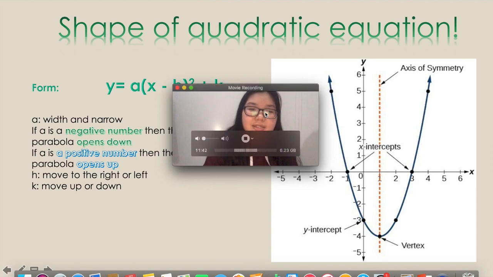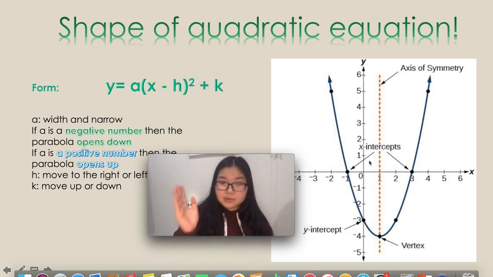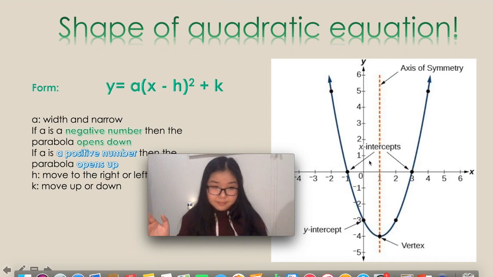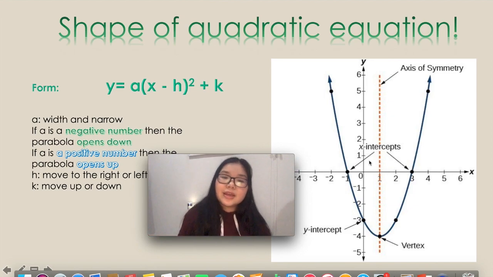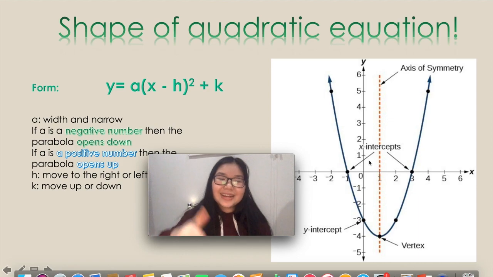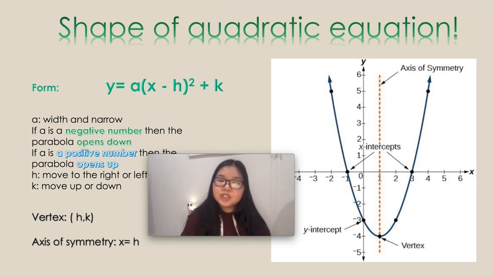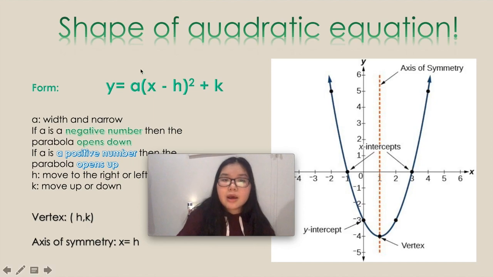h is the value that you can add in there to make the graph move to the right or to the left. And k is the value that you can add in here to make it move up or down. That's easy, right? The vertex here is also (h, k). Remember, it is h and k, not negative h and k.